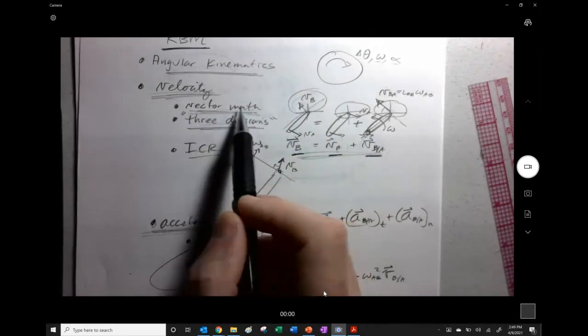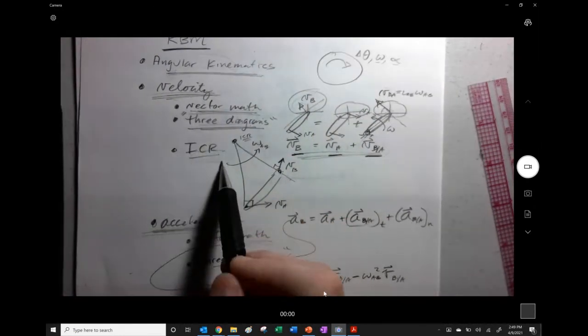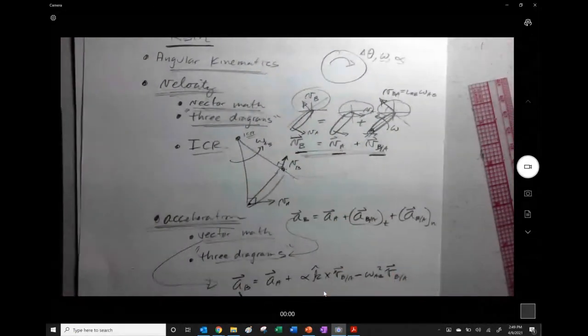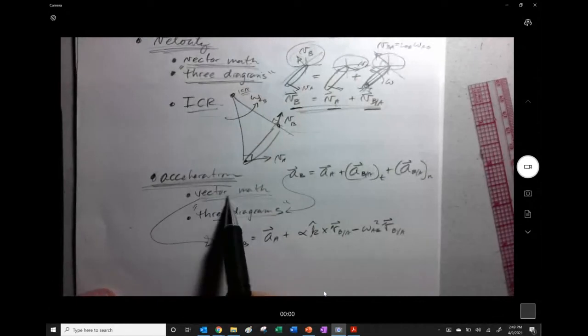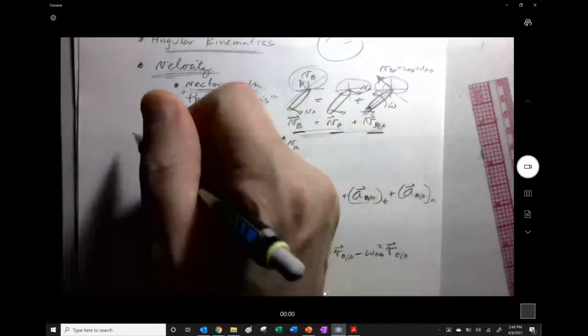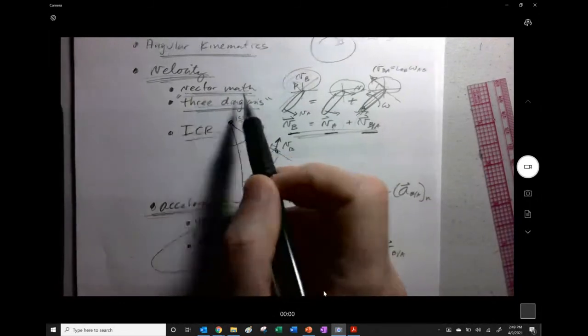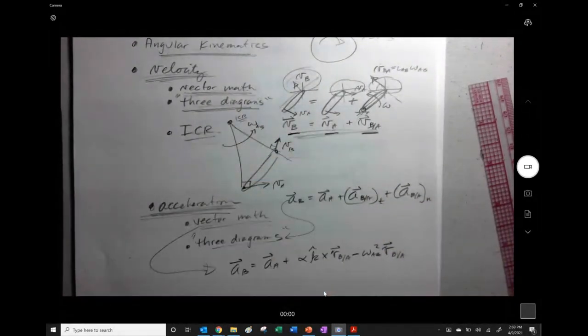We might have vector math for velocity, three diagrams for velocity, or ICR for velocity. And for acceleration, we might have vector math or three diagrams. I didn't emphasize velocity triangles because I think it takes up too much time, but I would also have put that in there. The vector triangles can be useful.